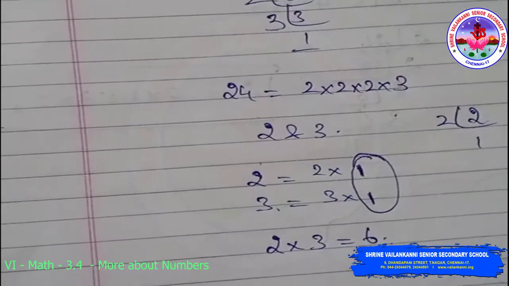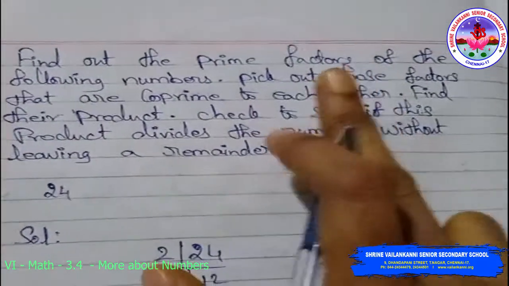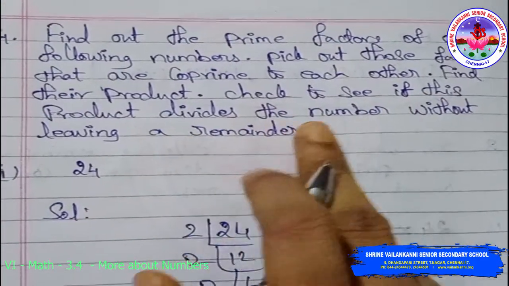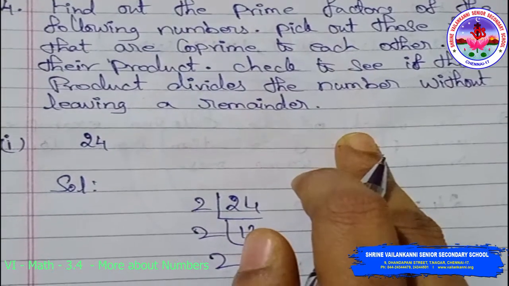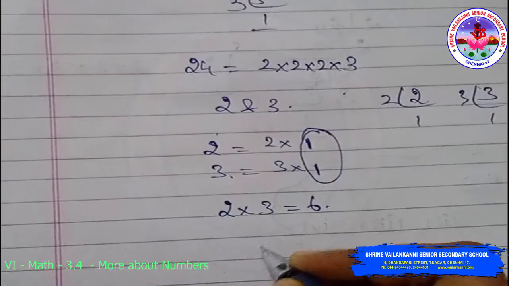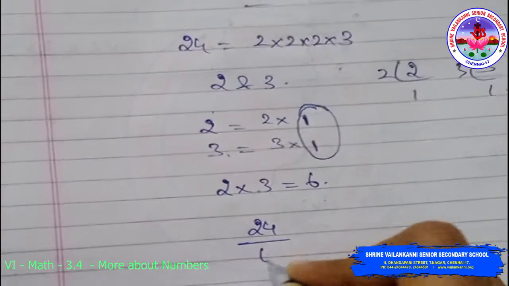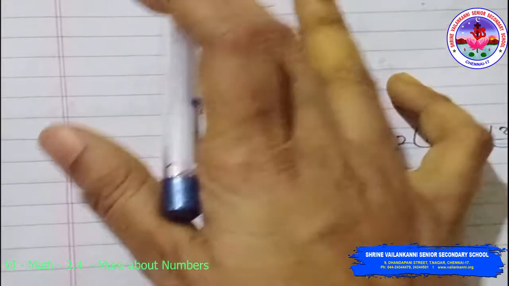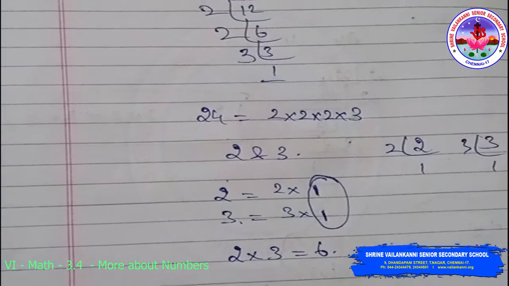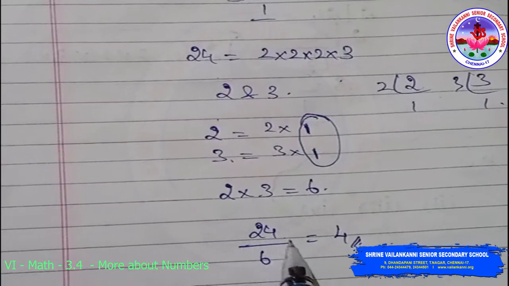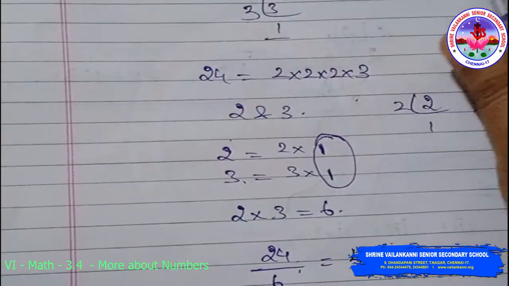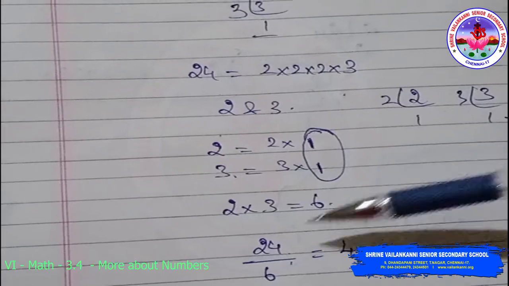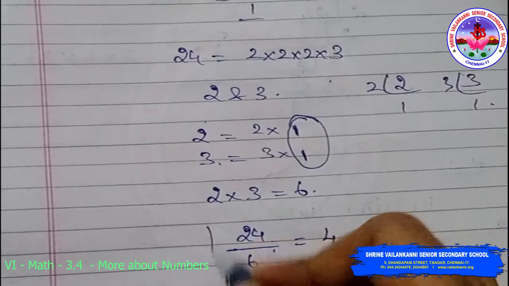Now check to see if this product divides the number without leaving a remainder. Here the product is 6. So 24 divided by 6 is equal to 4. So this product of the two factors divides the number without leaving a remainder.